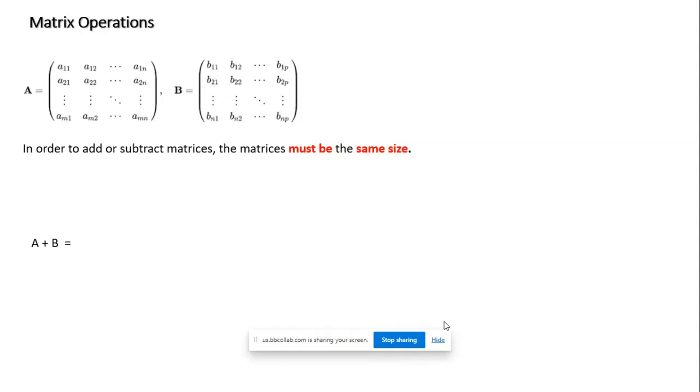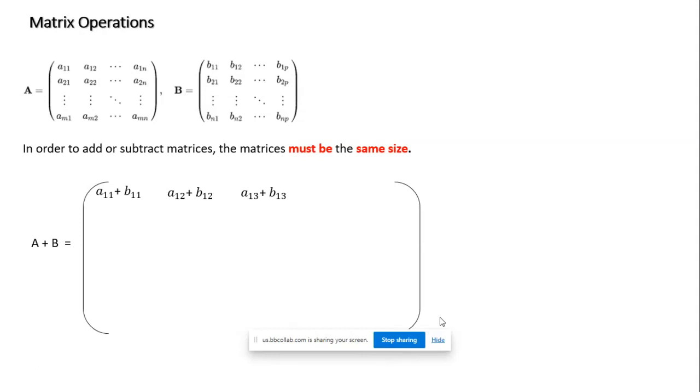So I want to add matrix A with matrix B. Let's say that again, this is in general, and matrix A and matrix B are the same size. What you're going to do, just as it says here, is add each address of the first matrix with the same address of the second. For example, on matrix A, the address A11, that element refers to row 1, column 1.